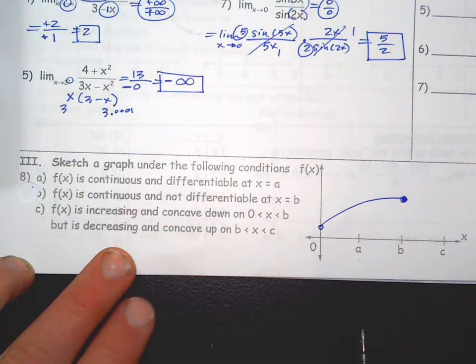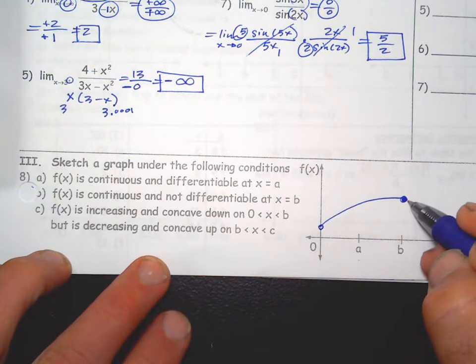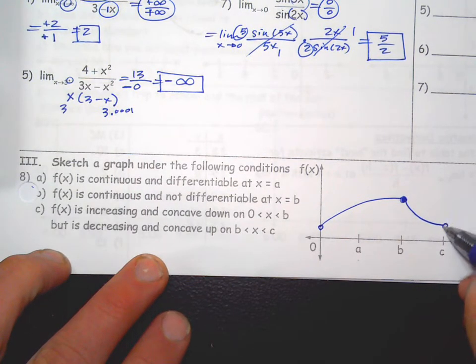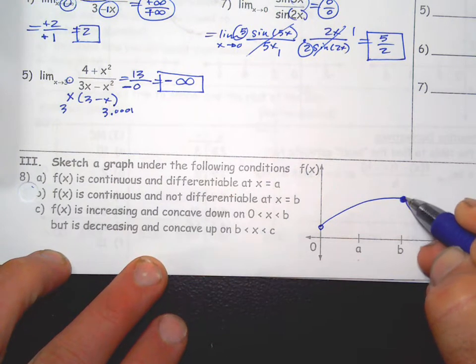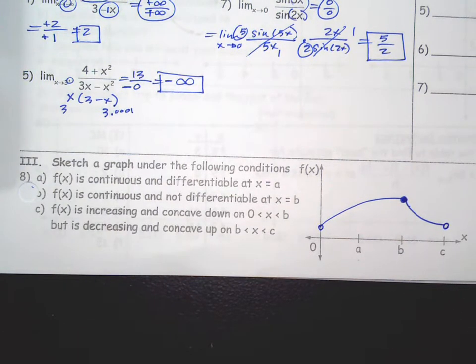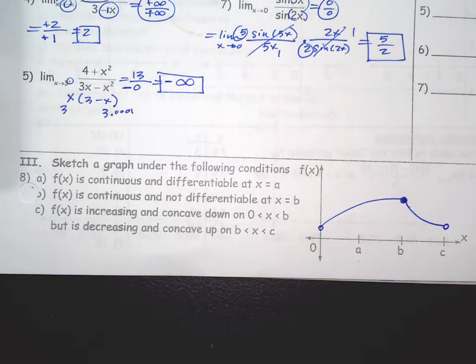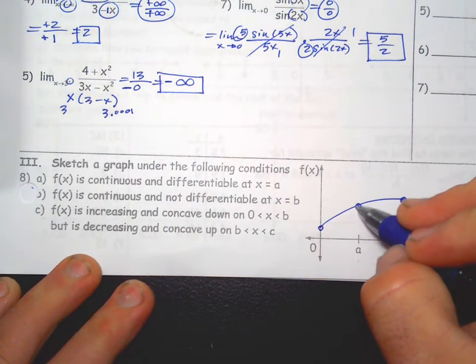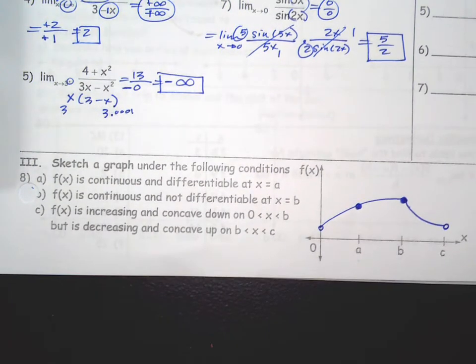And it's decreasing and concave up to C. So it makes sense that to go from concave down to concave up like that, and be decreasing, you've got to get some kind of weird corner there. So something like that.